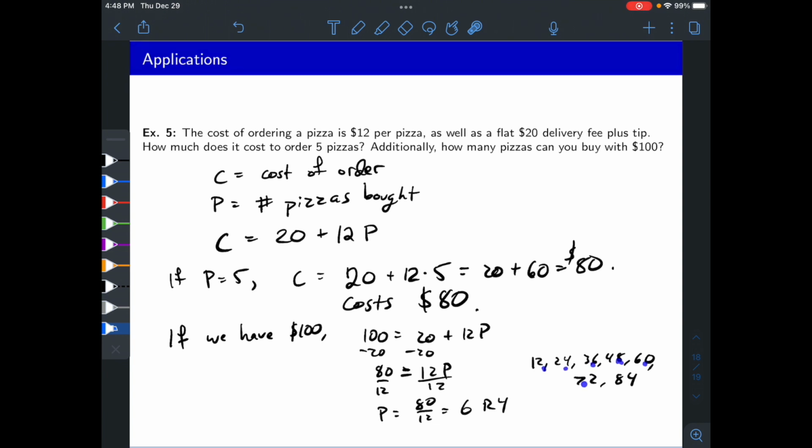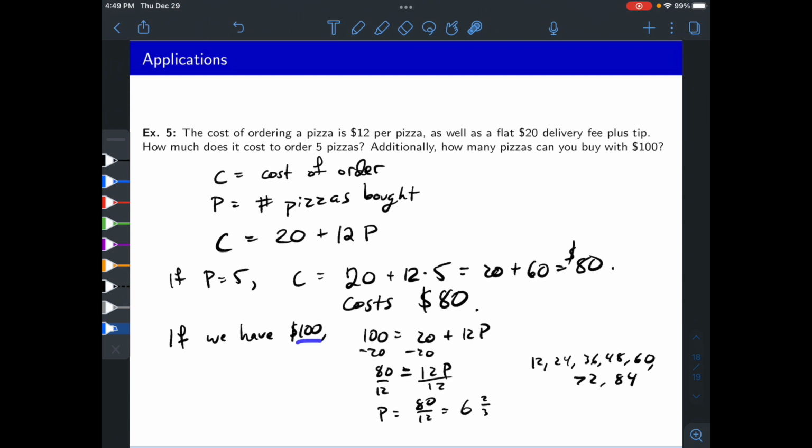6 with a remainder of 8. So if I wanted to write this as a fraction or a decimal, this would be like 6 2/3. But anyway, the fraction here does not really matter at all. What does matter is that this is not a whole number, and we can't buy fractions of pizzas, right?